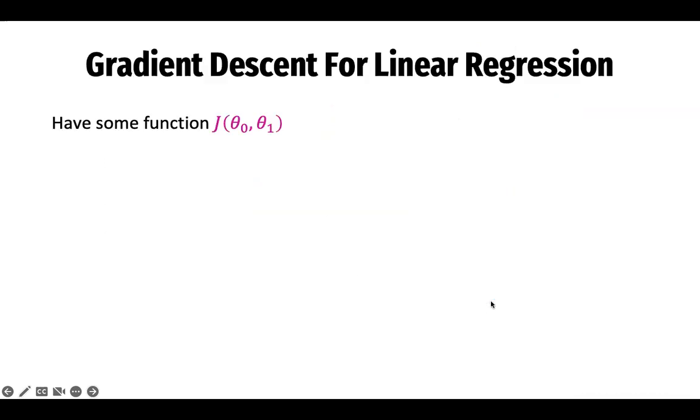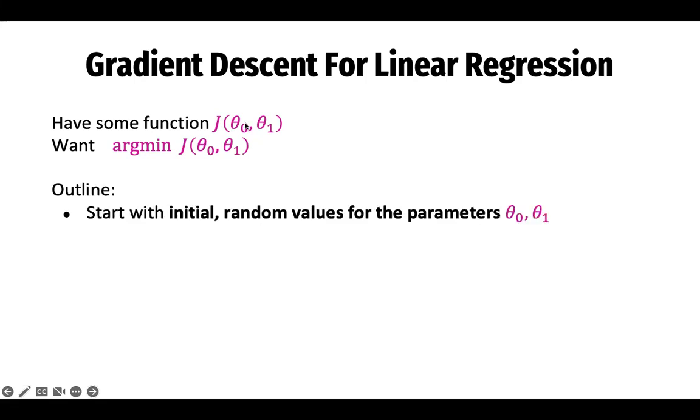Okay, so now this is the gradient descent for linear regression. So we have some function J of theta 0 and theta 1, and we want to minimize this cost function J. Now, we start with initial random values for parameters theta 0 and theta 1.